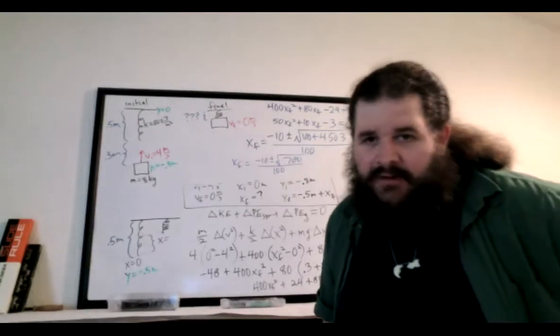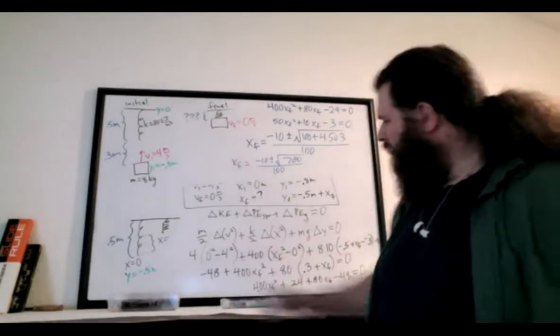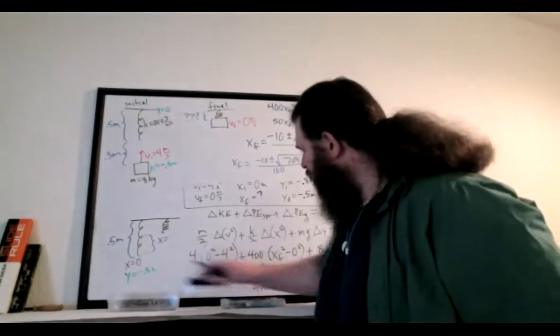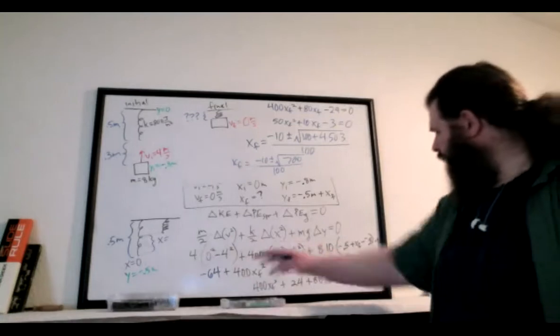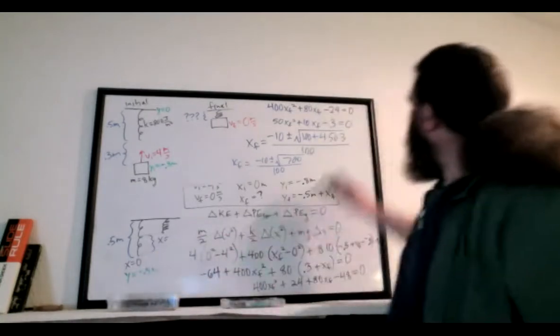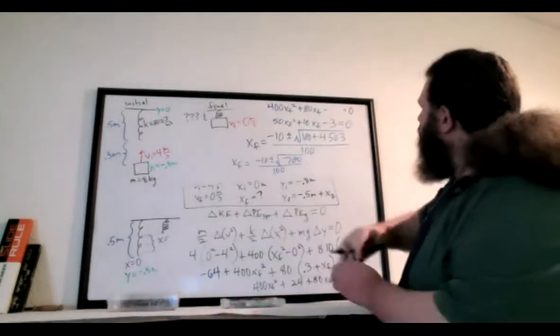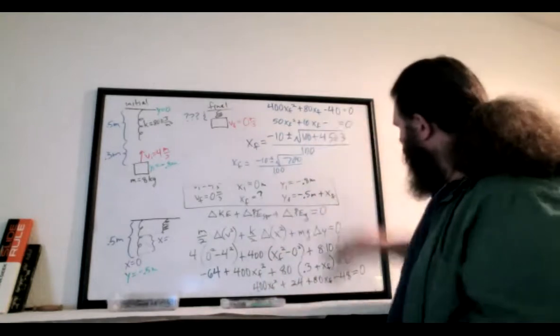How do we get negative 48? Oh, that's right. 4 times 16 should be 64. I was thinking of 3 times 16. So yeah, thank you. That should be 64. Add that to the 24 and we should get minus 40. So yeah, that should actually be minus 40. Dividing by 8, we get 5.